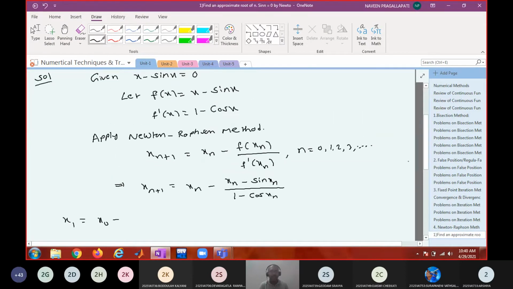if you want you can simplify this, so that it may be easier. So what is that simplification? xn minus xn cos xn minus xn plus sin xn by 1 minus cos xn. So these two get cancelled.